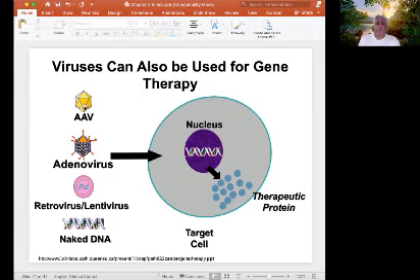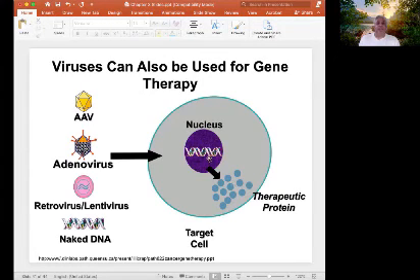Because viruses are perfect at getting into cells and integrating their nucleic acids, then incorporating your gene into the capsid is going to also introduce your gene into the nucleus.